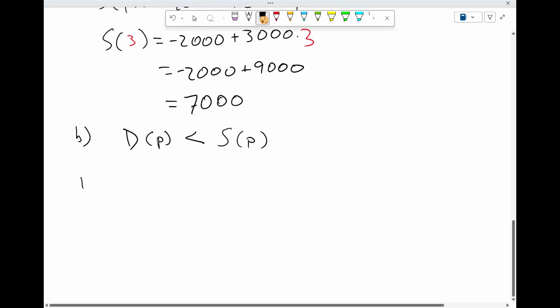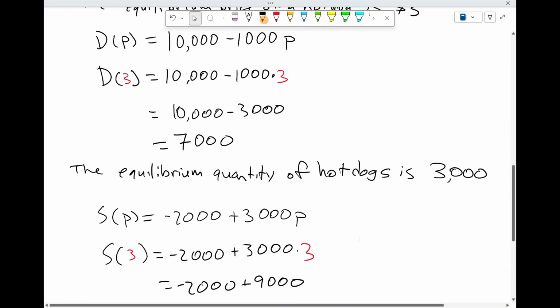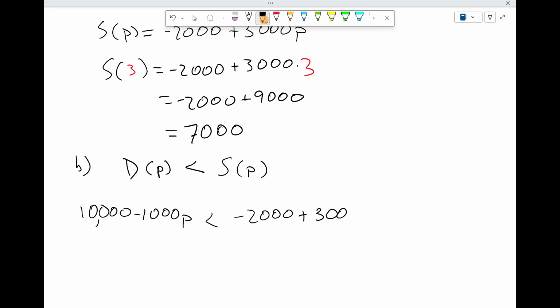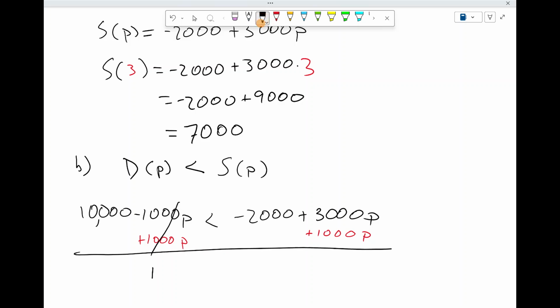And remember, our demand formula is 10,000 minus 1,000 P. And our supply formula is negative 2,000 plus 3,000 P. And I'm going to solve this inequality. So let's add 1,000 to both sides, and you will see this is very similar to what we just did. So we'll do it rather quickly.